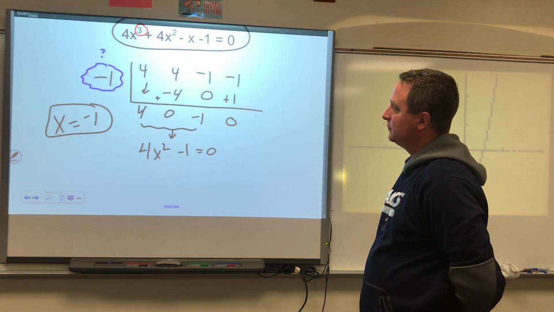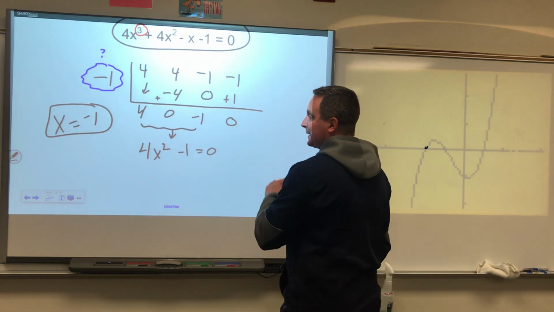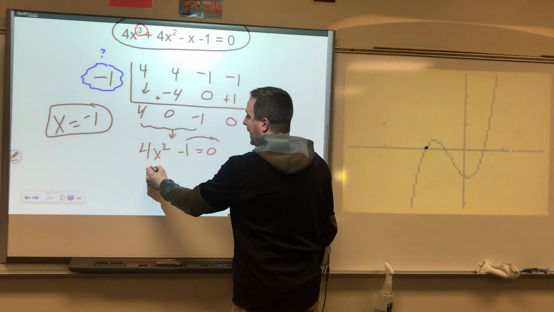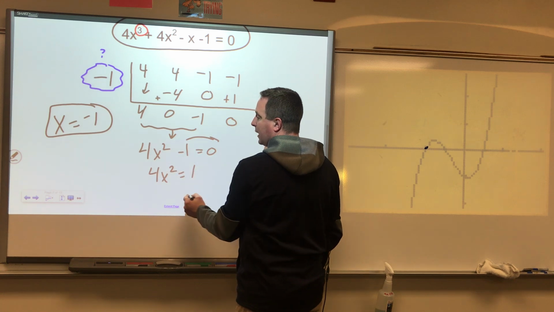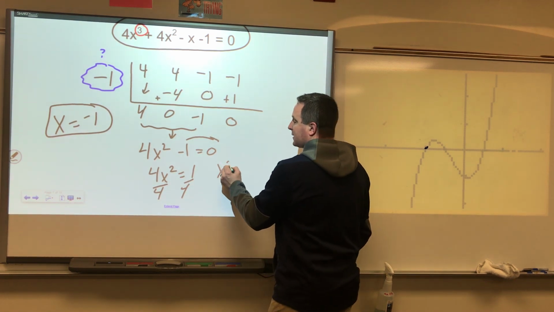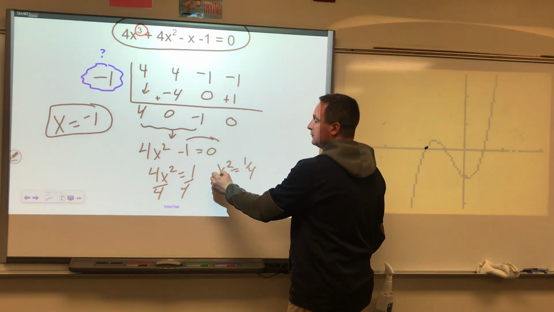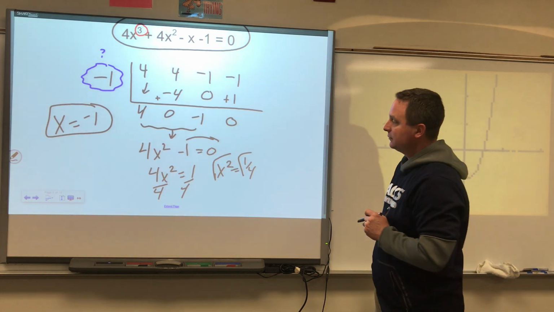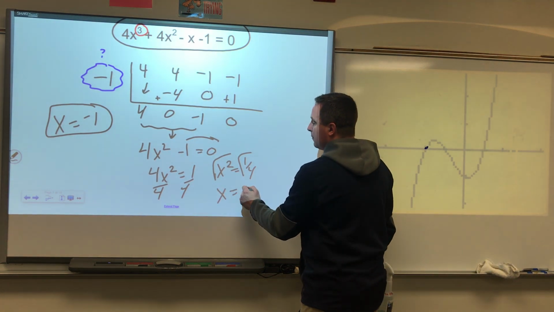So now what? Well, I can set these equal to 0. I could add 1, 4x squared equals 1, divide by 4, so x squared equals 1/4, and then to get rid of the square, I square root both sides. And x would equal plus or minus.